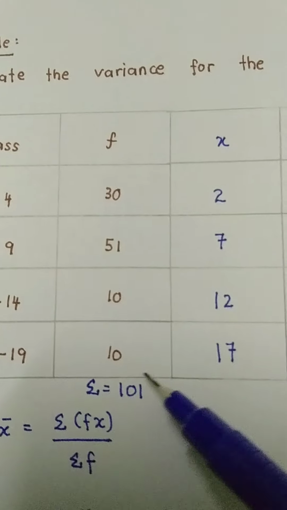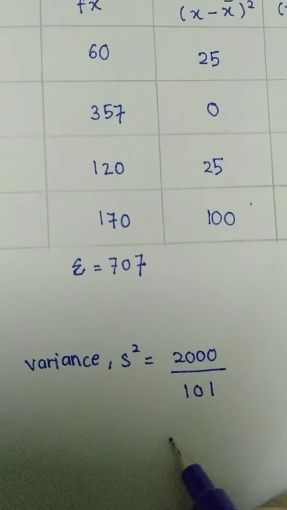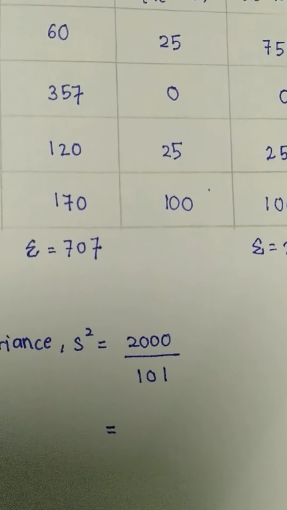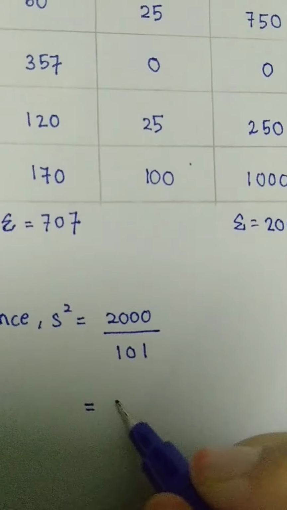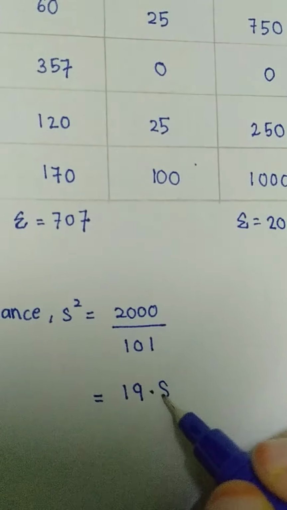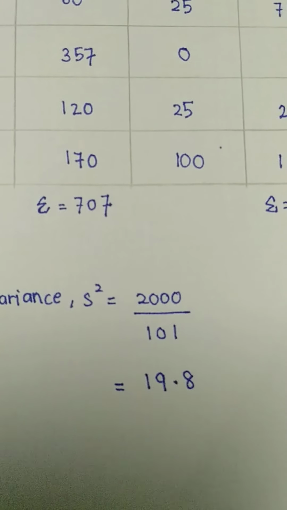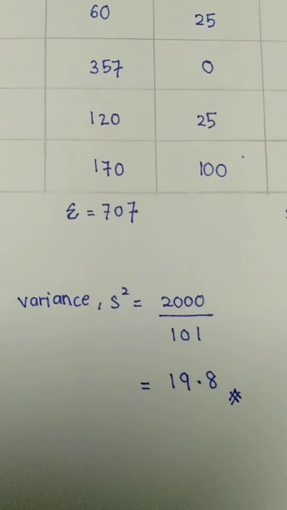So the total f is 101. So 2000 divided by 101 is equal to 19.80, or we can just write 19.8.